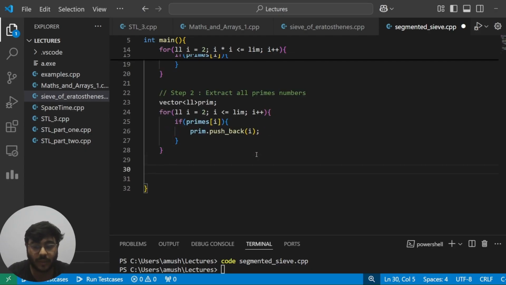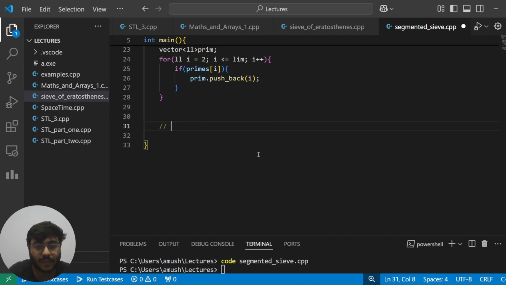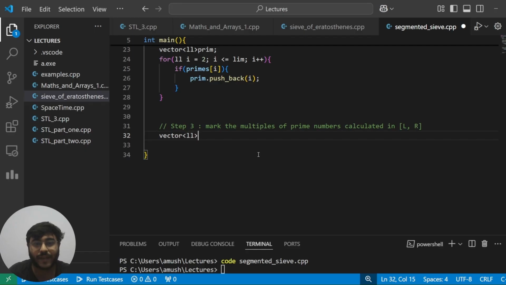Now we'll go to the main important part of this whole algorithm, that is step 3: mark the multiples of the prime numbers calculated, in the L to R range. For this, first of all, we need to create the final prime array, which we'll name mark.